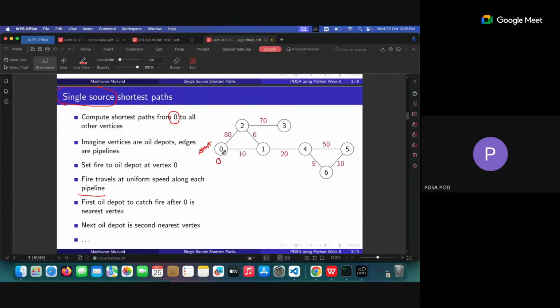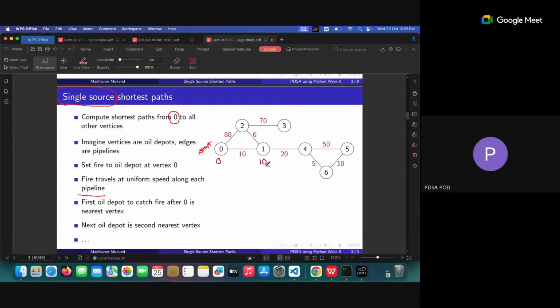From this 0, the fire can start from 0 to 2 or from 0 to 1, but the distance to 1 is very low. It will complete 0 to 1 first because the distance is only 10. So we get a weight of 10, because 0 plus 10 is 10.